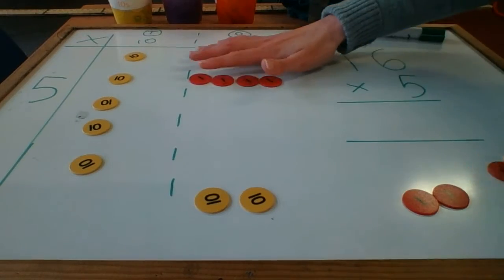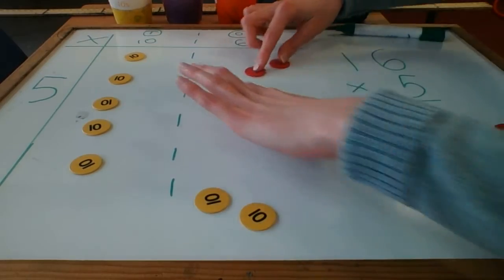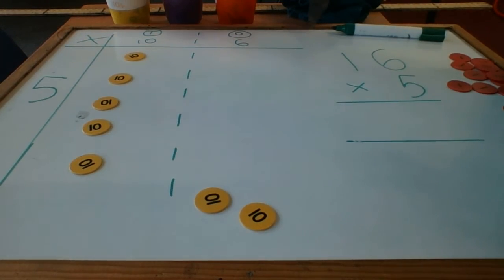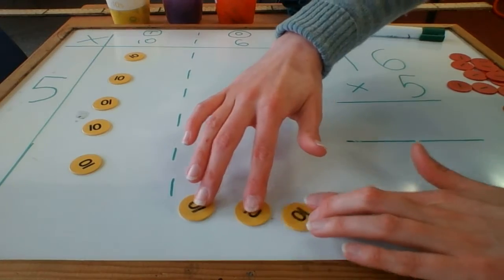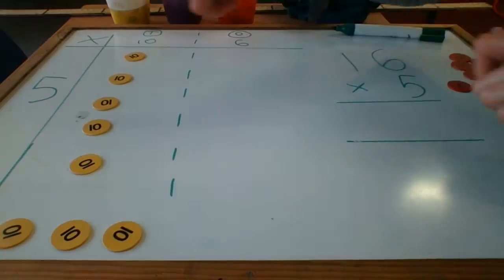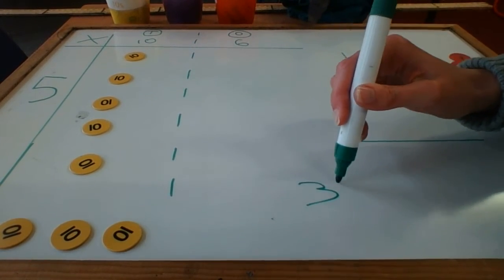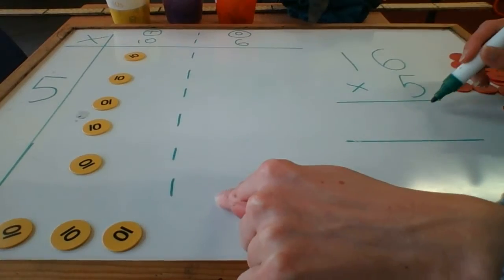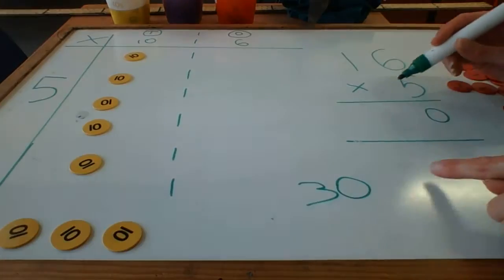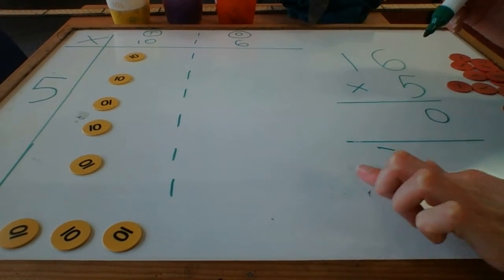And I can exchange this 10 ones for another ten, because that is 30. So they will go over underneath that column there. And in 30, when I look at this, there are 0 ones and 3 tens. So that 3 needs to come underneath the tens column.